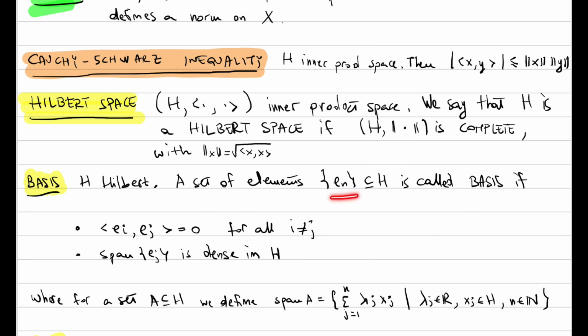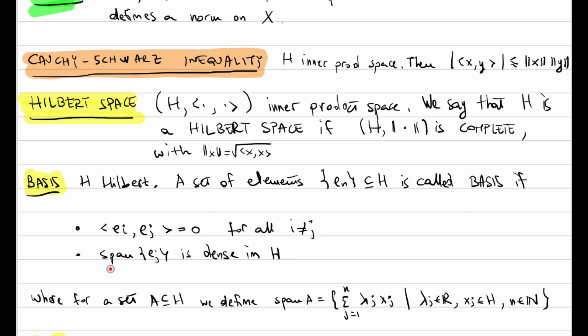So this collection here is called a basis for H if the elements of this set are orthogonal, meaning that e_i times e_j is 0 whenever i is not equal to j.